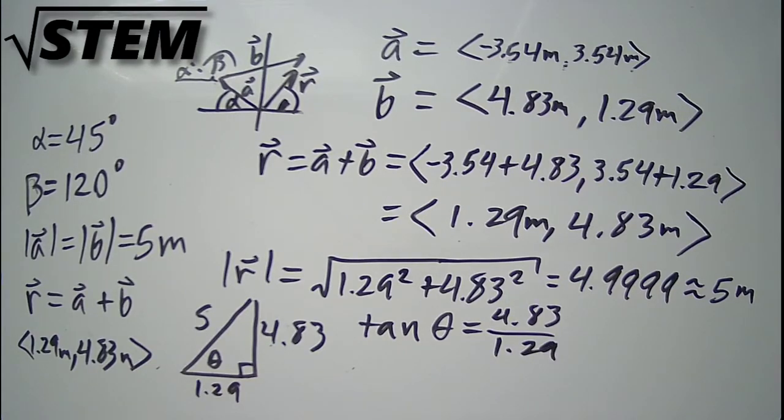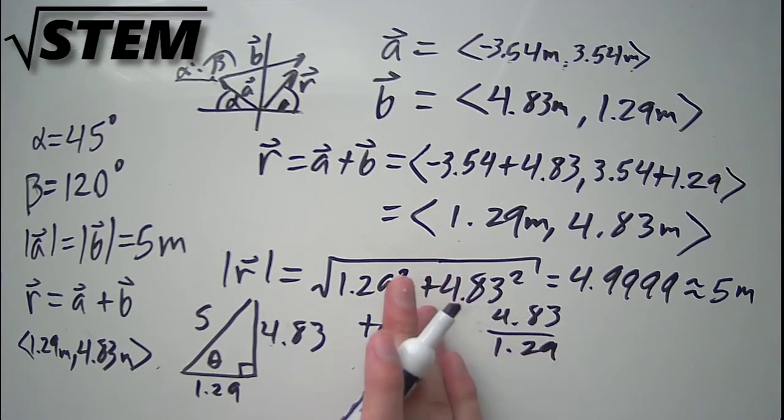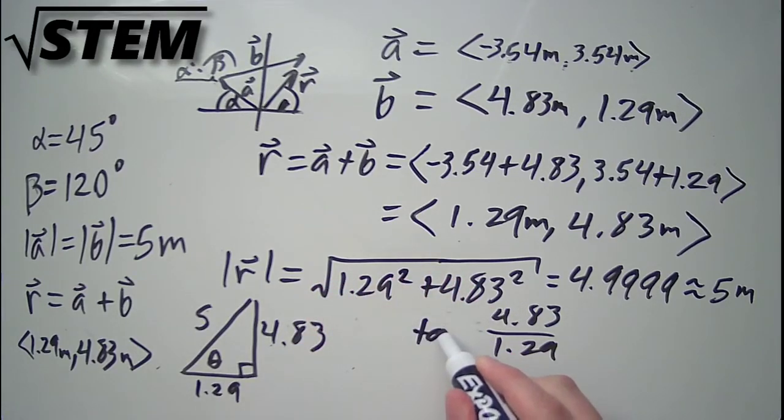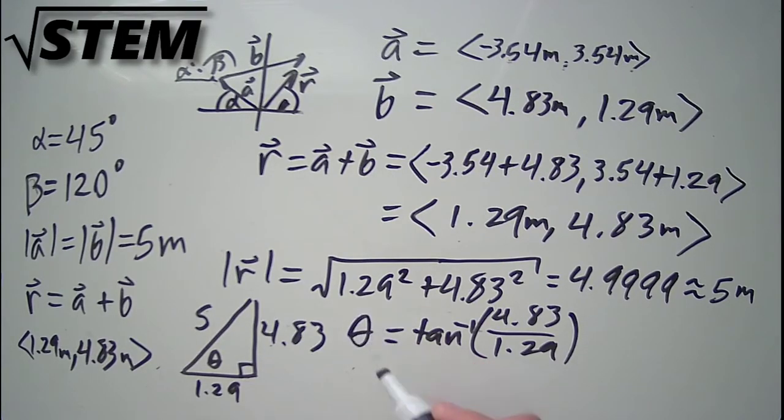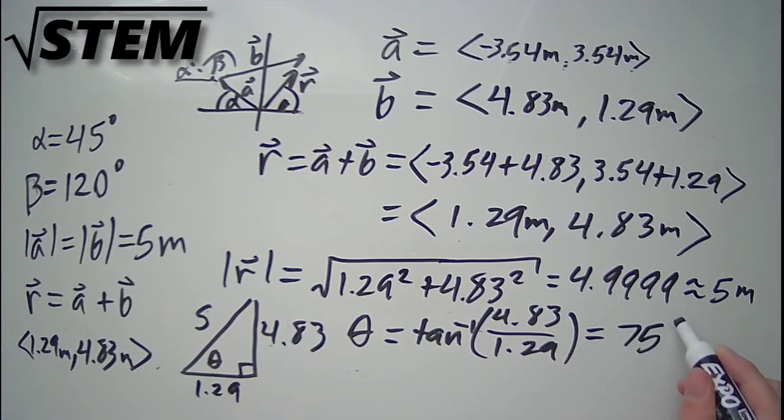So if we take the inverse tangent on both sides of that, tangent inverse will cancel out the tangent, so left over here will just be theta. So theta equals whatever number this is out of our calculator, and that's going to come out to 75 degrees.